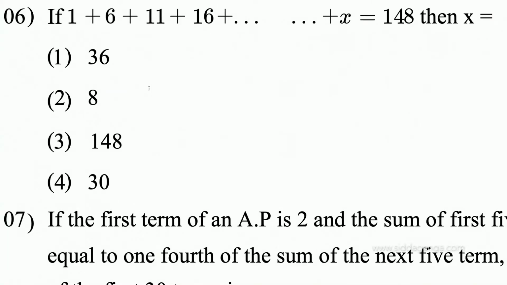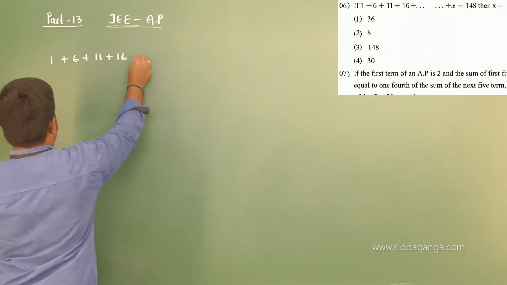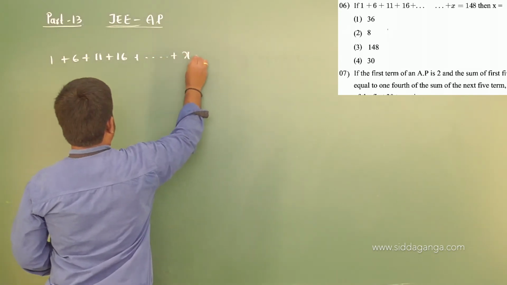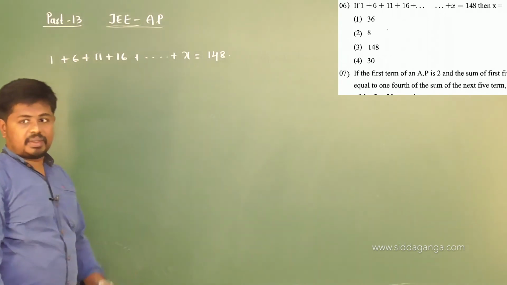Okay, let us move on to question number 6. If 1 plus 6 plus 11 plus 16 and so on till x is 148, then what is x? Here we have an AP, 1 plus 6 plus 11 plus 16 and so on, till x, the sum being 148.